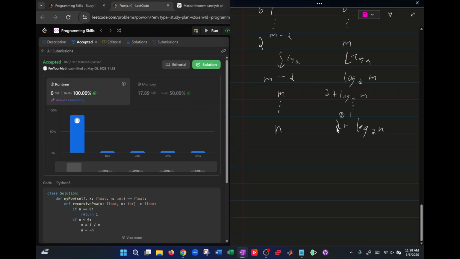And the 2 is just a constant, so that's not going to matter when you do an asymptotic analysis of this. But basically, this gives you some heuristic indication that the complexity is indeed log of n, and in this case, it's log base 2 of n.